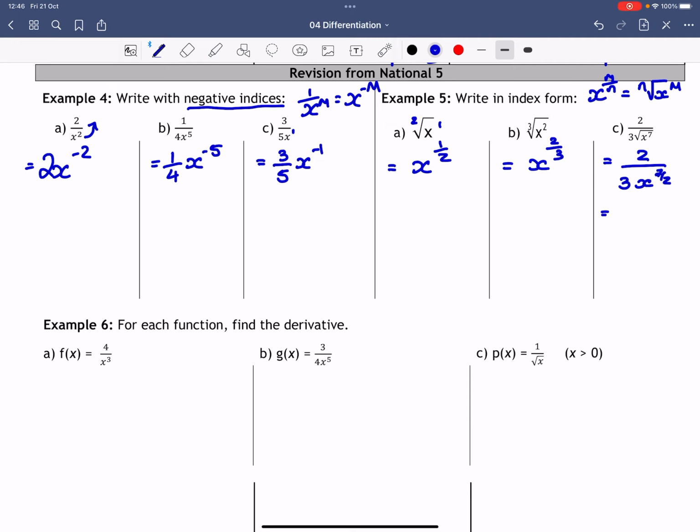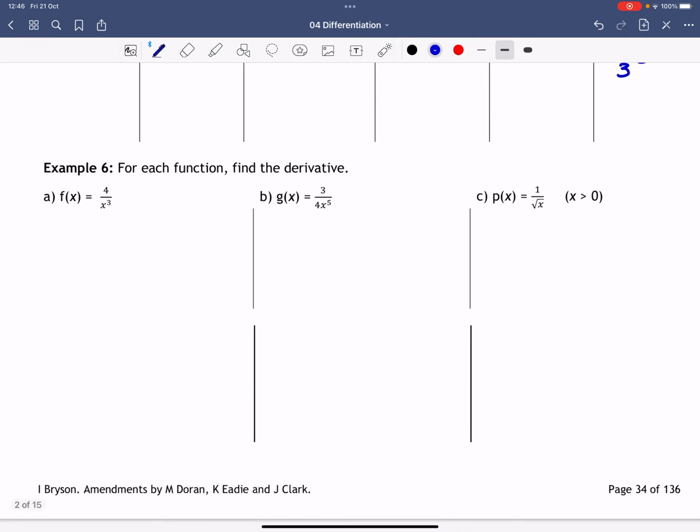So that would just be 2/3, keep the fraction at the front, and use our index law that says how to make it a negative power. So I get x to the power of negative 7/2. Okay, and it's that process that you need to be really good at in order to cope with differentiation at Higher. Okay, so let's go ahead and apply this then.